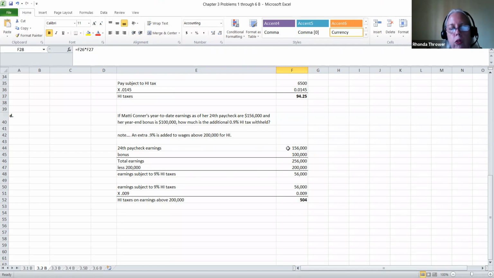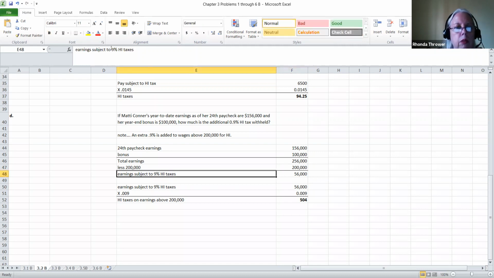The total earnings to date at 24 pay periods was 156,000, plus the bonus gives you the total earnings. Then you're going to subtract out 200,000 because they have to pay an extra 0.9% on anything above 200,000. So the earnings that are subject to that should say 0.9% there. Sorry.